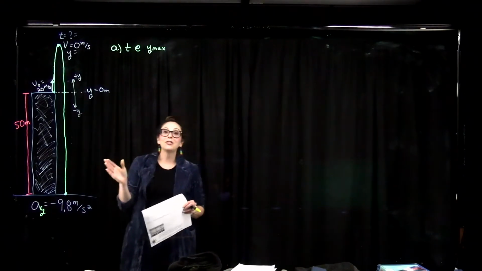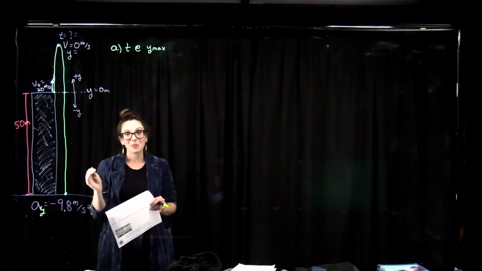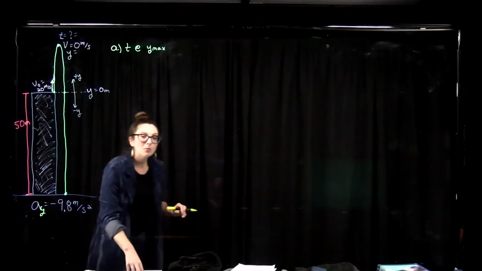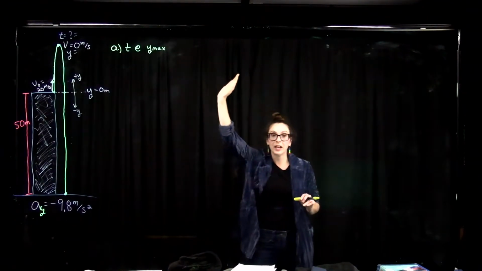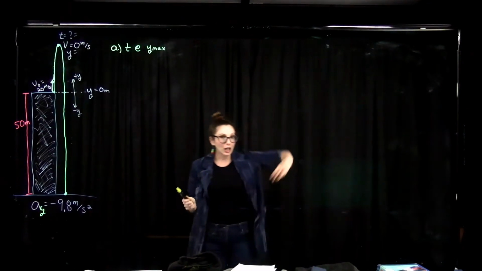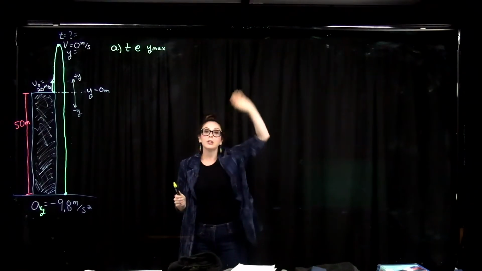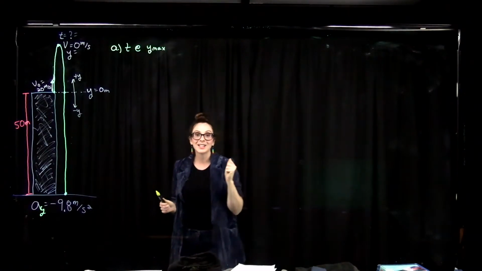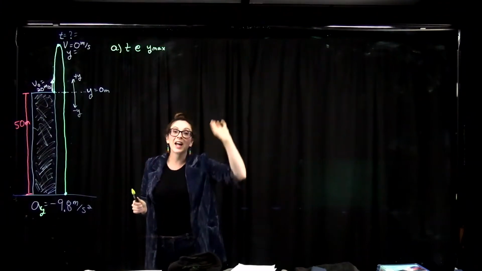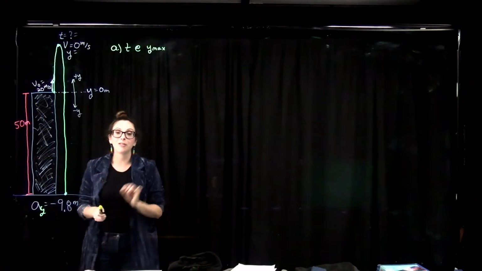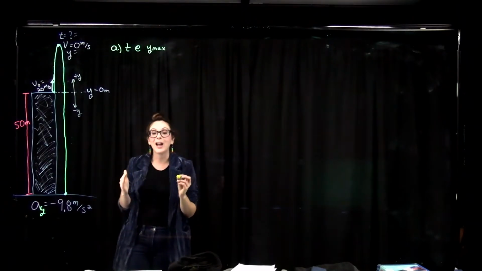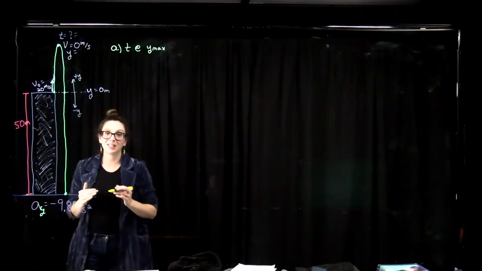And a very important thing to remember as well, whenever an object reaches its maximum height, if it's experiencing projectile motion, if we launch an object upward, whenever it reaches its maximum height, or the apex of its curve, its velocity there in the y direction is always 0.